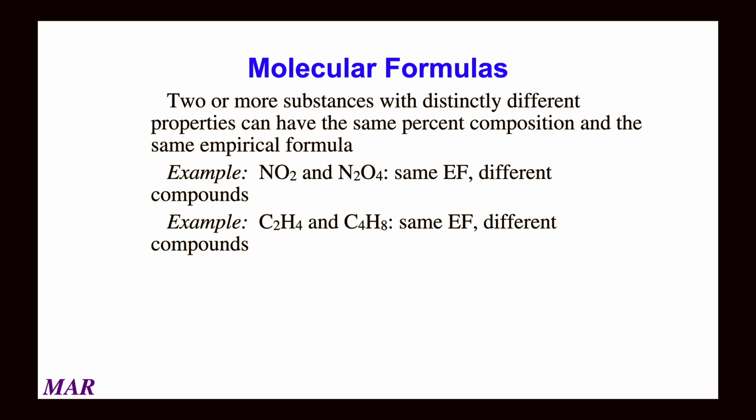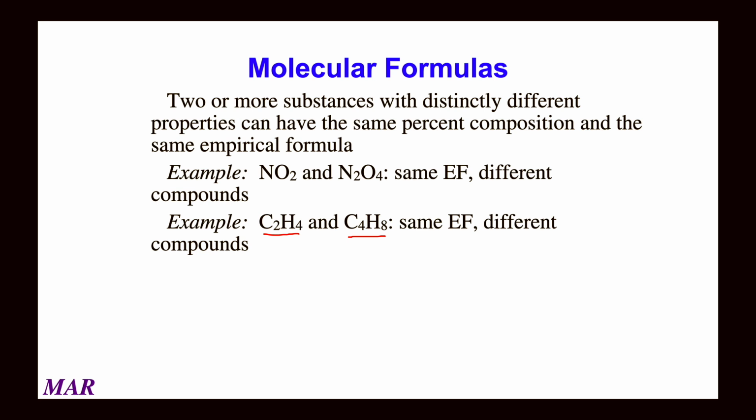N2O4 is a heavier gas with a brown color, not quite as bad, but they're both separate compounds. They will have the same empirical formula, but they're different. And the same thing with C2H4, which is called ethene, it helps keep our bananas ripe, and C4H8 butene, which is a type of fuel. They both have the same empirical formula, but they're different compounds as well.